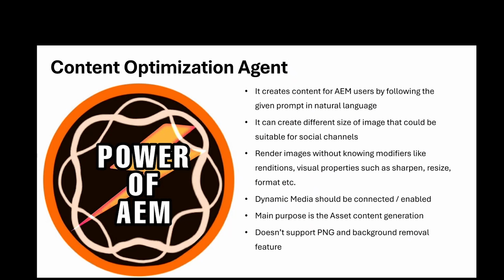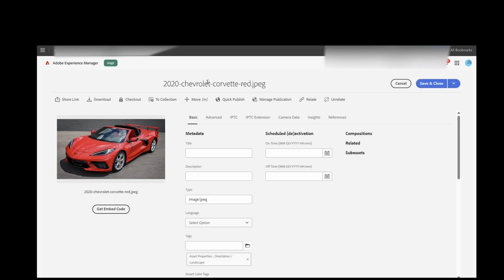Let's quickly see in real time how that is helping us. This is one of my AEM authoring tiers where you can see one of the assets. In this image, you can see this car has its face on the left side. And if I want to make some changes on the fly, I can do that.